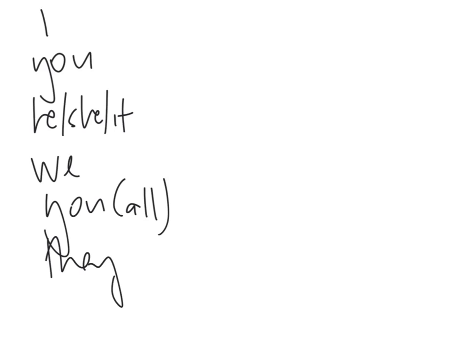So for the present tense, things that are happening now, verbs end in O for I, S for you, T for he, she, or it, mus for we, tis for you all, and nt for they.